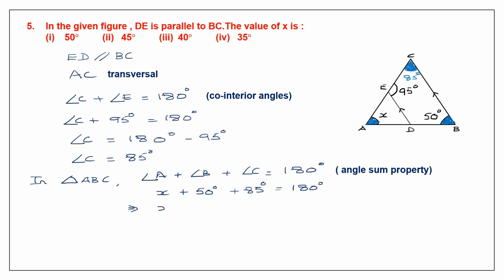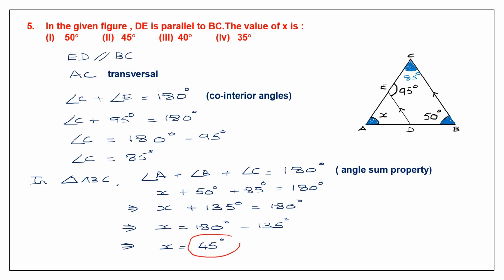It means that X plus 135 degrees is equal to 180 degrees. So X is equal to 180 degrees minus 135 degrees. So the value of X is equal to 45 degrees. So this is our answer. X is equal to 45 degrees, and that is option 2, 45 degrees.